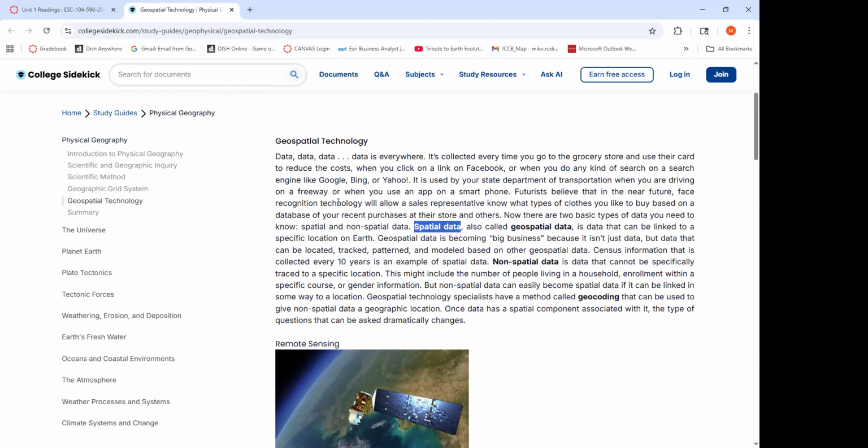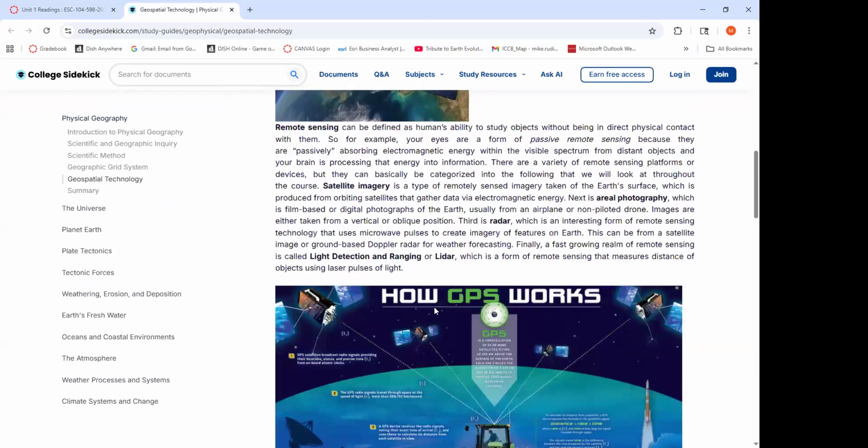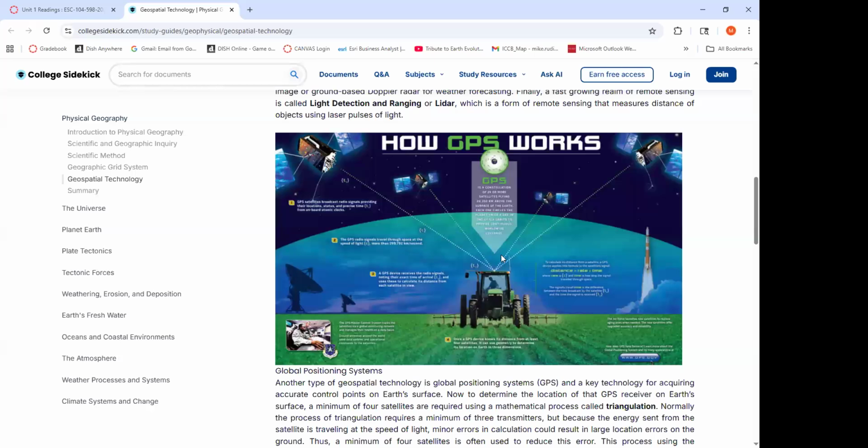If you've ever noticed that ads or coupons will pop up when you're near a business, your phone is using absolute and relative location with GPS technology to tell you that you might want to shop at a specific store.